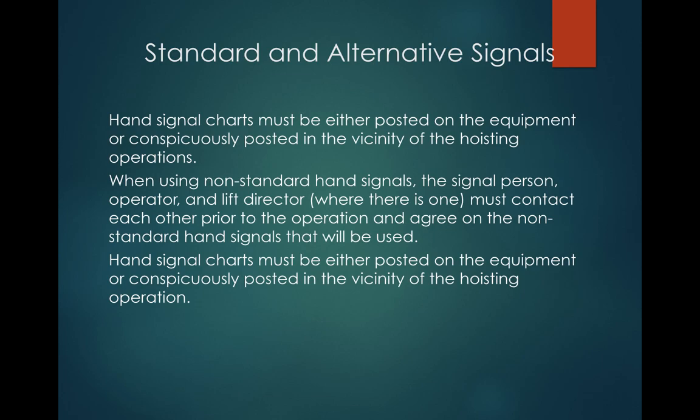Hand signal charts must be either posted on the equipment or conspicuously posted in the vicinity of the hoisting operations. Same thing there. So when using non-standard hand signals, the signal person, operator, and the lift director must contact each other prior to the operation and agree on the non-standard hand signals that will be utilized.